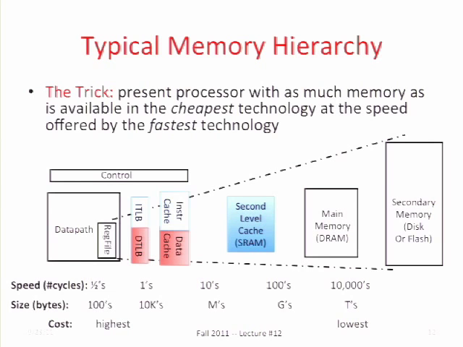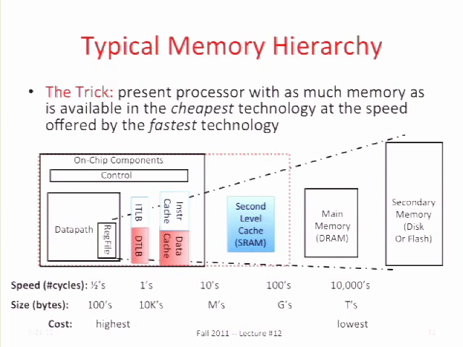We have instruction and data cache that are actually in the processors. They're on the same chip. Okay, and then we have other levels of cache that are maybe on the chip, maybe on the same board as the chip. And then we go to main memory, which is probably on another board that's near the processor board. And then we go out to the disk, which is somewhere else.